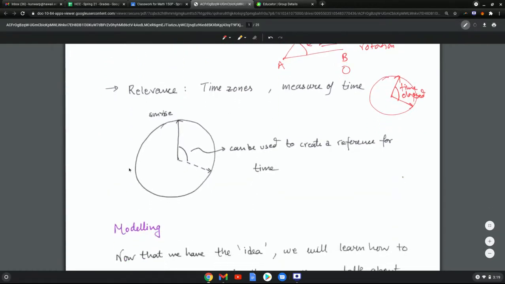If you set, for example, the shadow here at sunrise, then at any point of time you can use this to create a reference for time. So for example, you can say, well, if it's here, it's half a day. Obviously, now we know that's not entirely accurate because sunrise and sunset time depends on the weather, which again depends on what latitude you are on, etc. But as a very simplified idea, that can be thought of as one of the relevances.